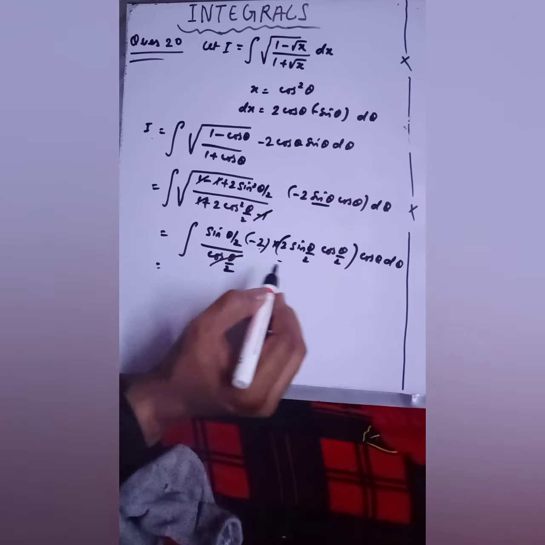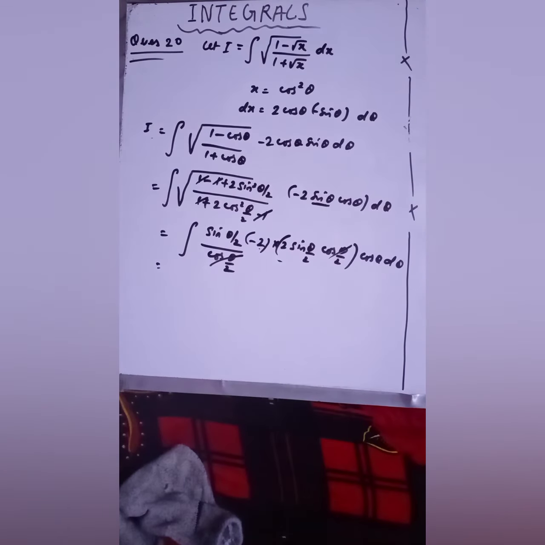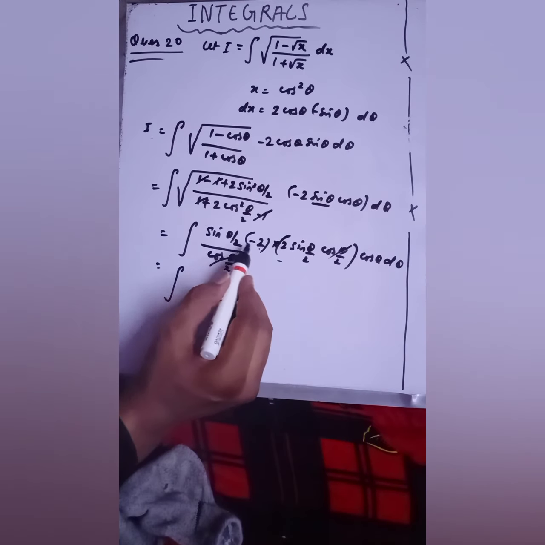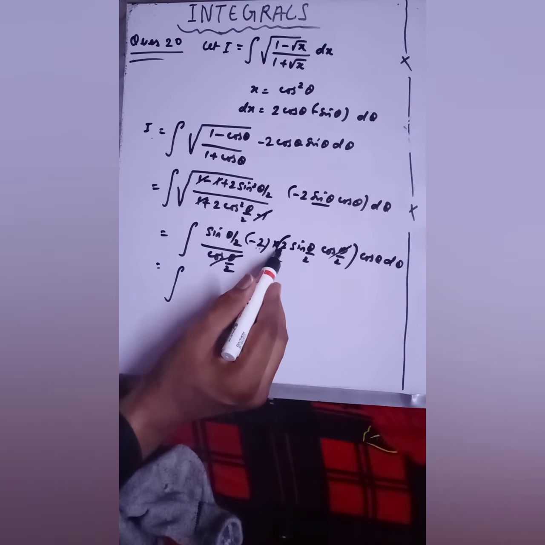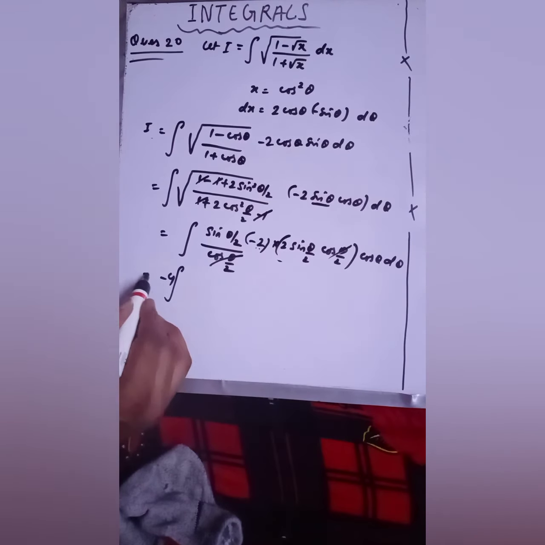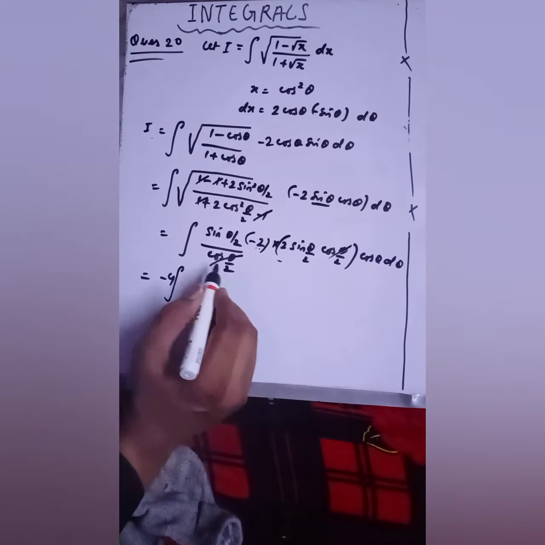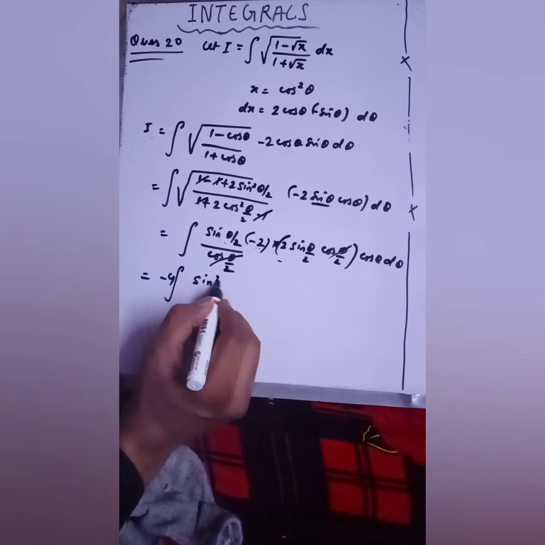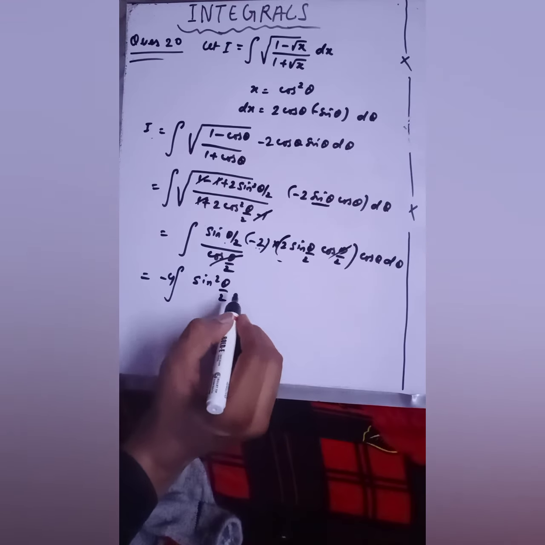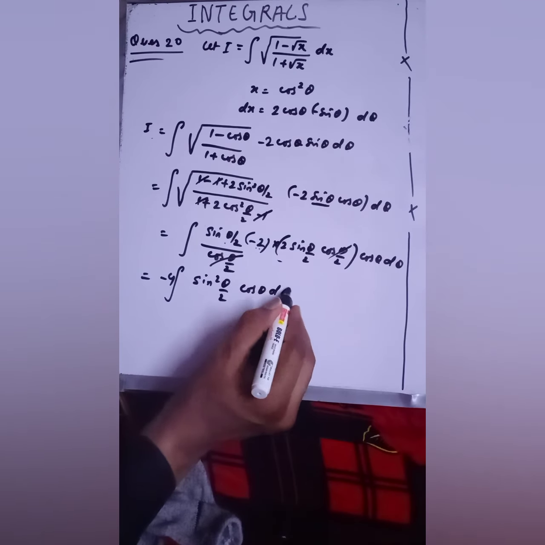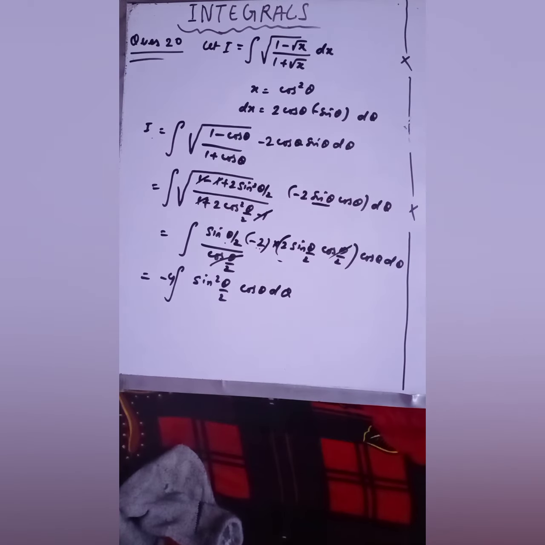So this cos theta by 2 and cos theta by 2 will cancel out. Okay children, now you will get the integration. This is minus 2 into 2, that would be minus 4, and then sin square theta by 2, then cos theta and d theta.